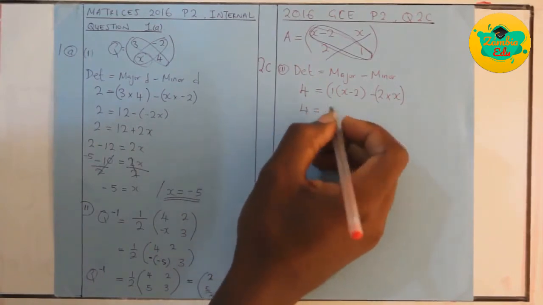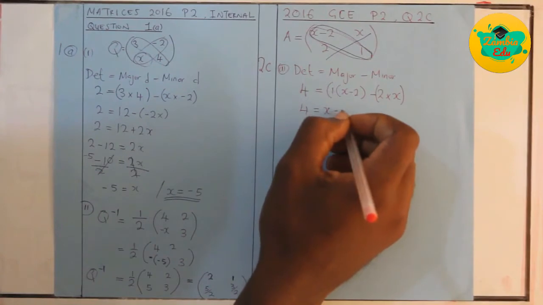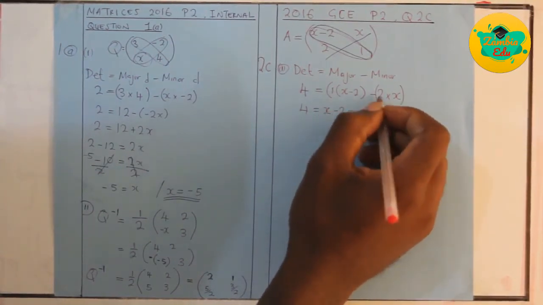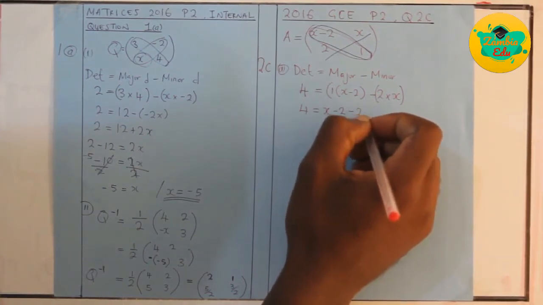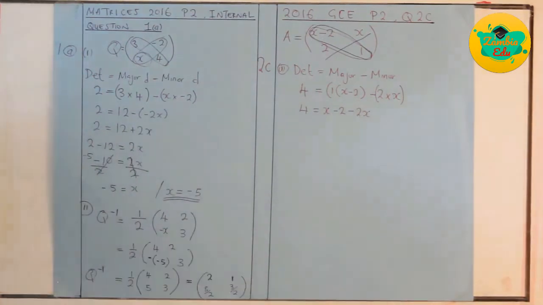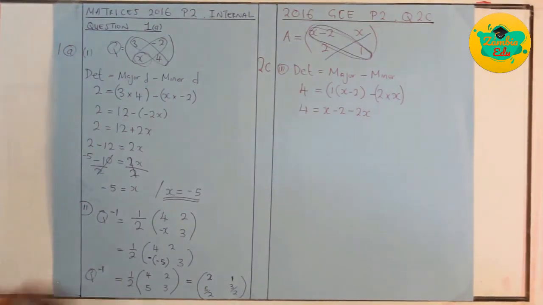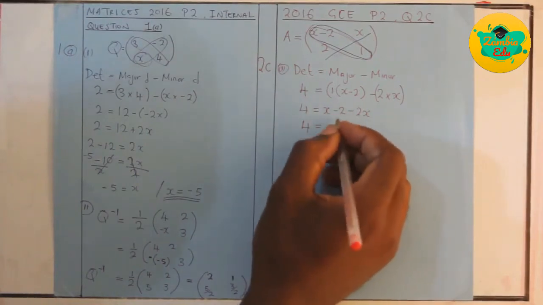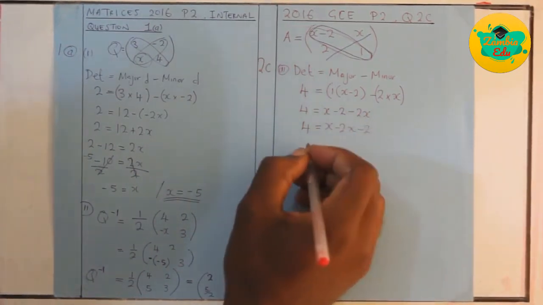So 4 is equal to 1 times x, it's x, 1 times negative 2, then minus 2 times x, we have 2x. Having reached that point, what we do is that we are going to group the like terms. And so we have our 4 being equal to x minus 2x minus 2.